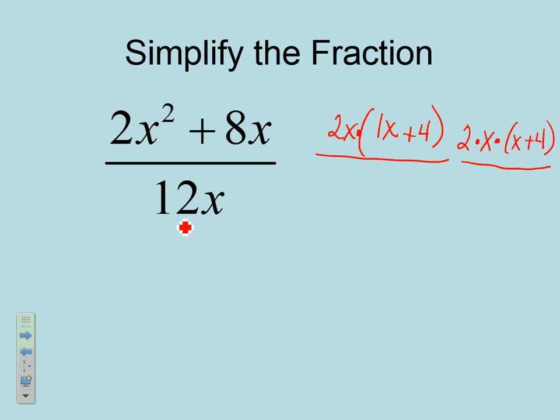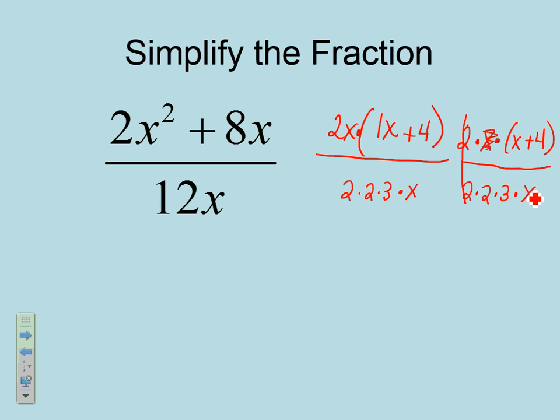Now, what are the factors of 12 and x? Prime factorization of 12 would be 2 times 2 times 3 times x. So 2 times 2 times 3 times x. Now, you can only cancel things that are the same. So, 2 divided by 2 cancels.